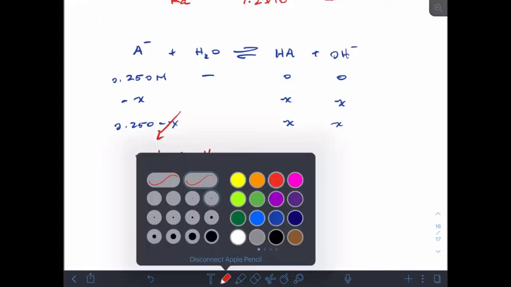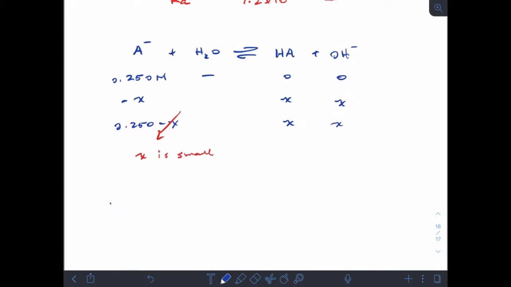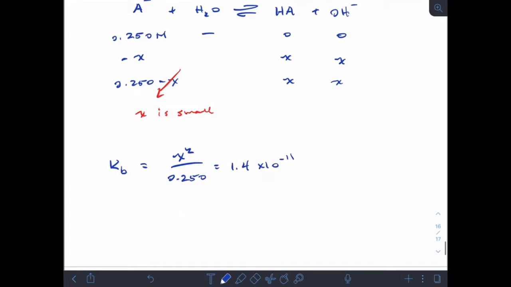All right, so our Kb expression will be X squared over 0.25 equals 1.4 times 10 to the minus 11. So X squared equals 3.5 times 10 to the minus 12.